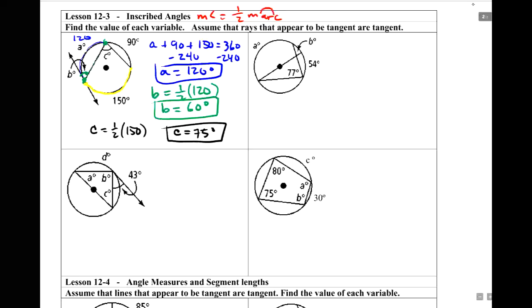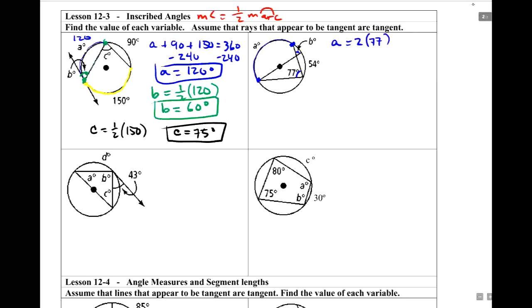We need to find A, the measure of that arc, and B, this little angle right here, and that's all we have. So how are we going to find the measure of this arc right here? Well, its endpoints are there. It is related to that angle, so I know that the measure of my arc is 2 times its inscribed angle, so 2 times 77.